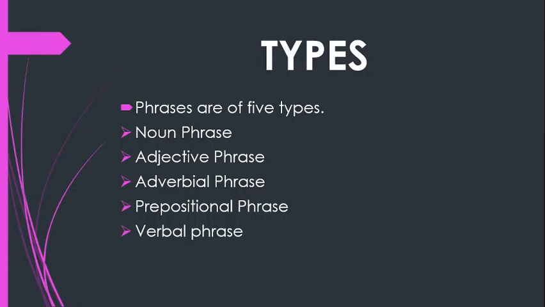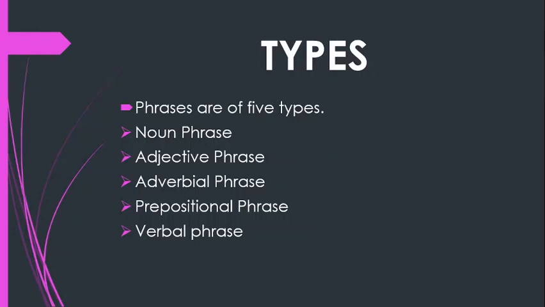Now, various sources will tell you that there are absolute phrases, conjunctional phrases, interjectional phrases, participial phrases, and so on and so forth. But as I said, these are the traditional phrases. Of all these 5 types, in this session we are going to talk about only the noun phrase, the adjective phrase, and adverbial phrase.